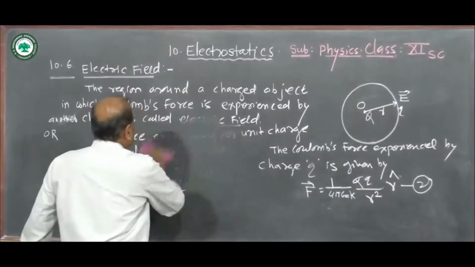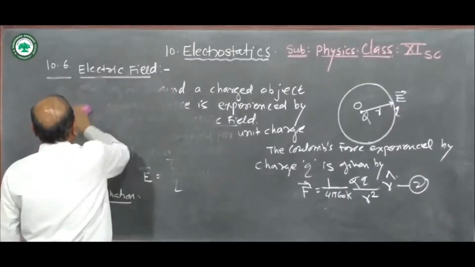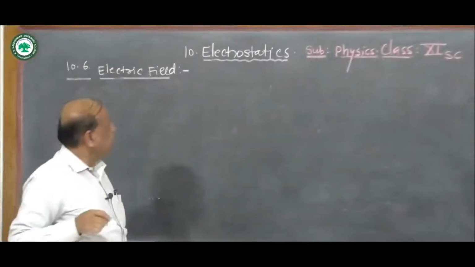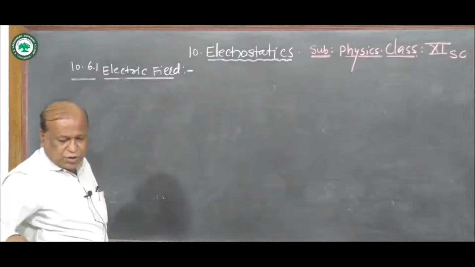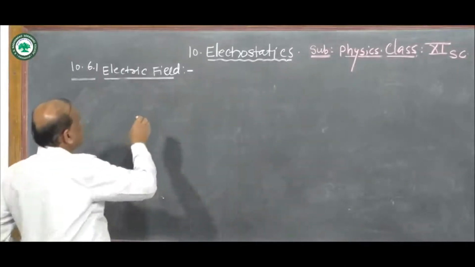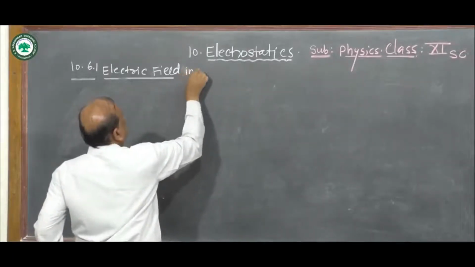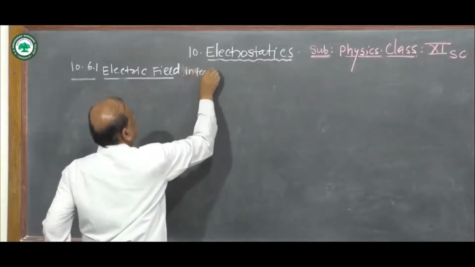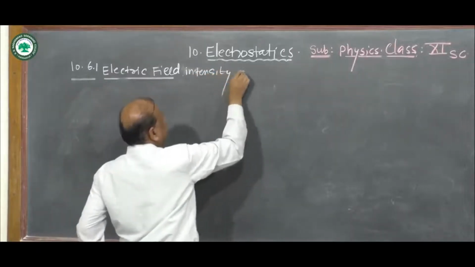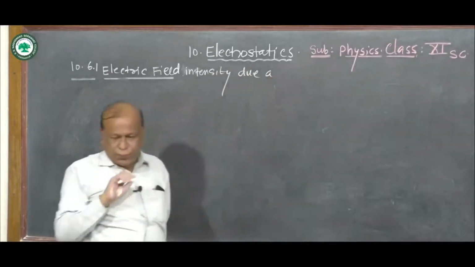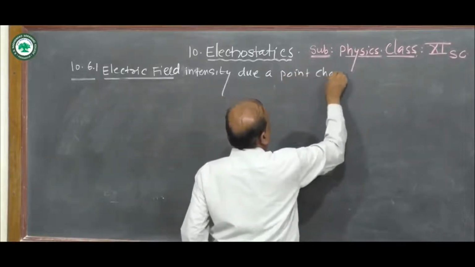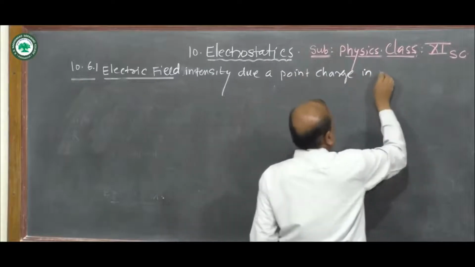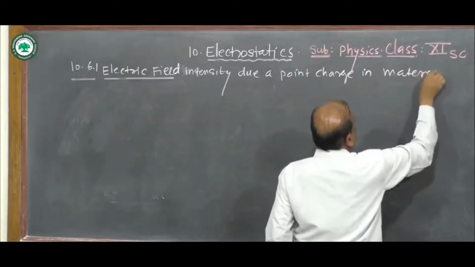Okay, and now we can see the next article, that is 10.6.1, the electric field intensity due to a point charge in a material medium.